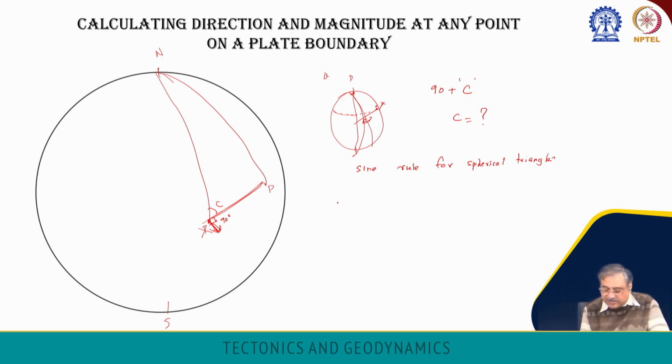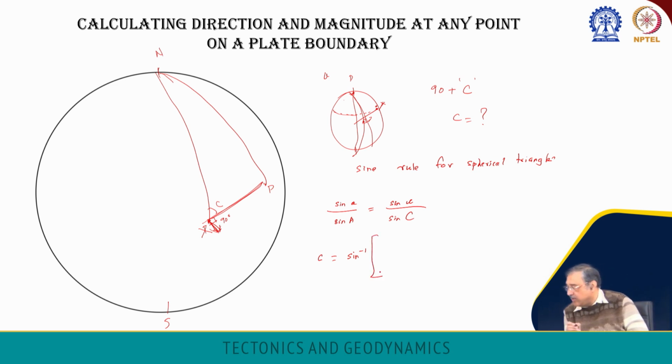The sine rule for spherical triangles, you can write it as sine of small a divided by the sine of capital A is equal to sine of small c divided by sine of capital C. Now we know all the others, therefore capital C must be equal to the sine inverse, if we put in the right parts, of the cos of lambda p into the sine of phi p minus phi x, divided by the sine of small a, which we just determined.